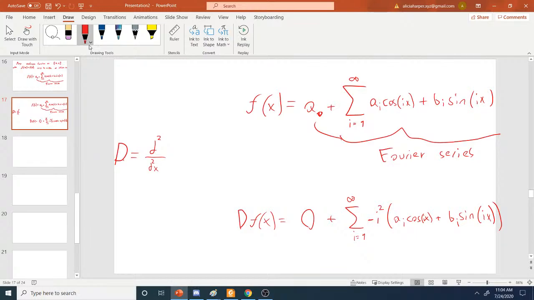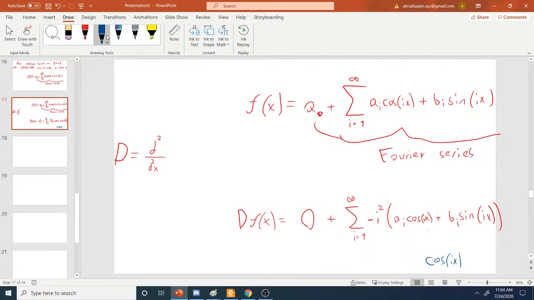So note that differentiation kind of preserved the structure of the Fourier series a little bit. The only thing it really changed is, when you differentiate cosine of ix twice, the first time you get i times sine of ix, and then you differentiate again, you get negative i squared times cosine of ix.